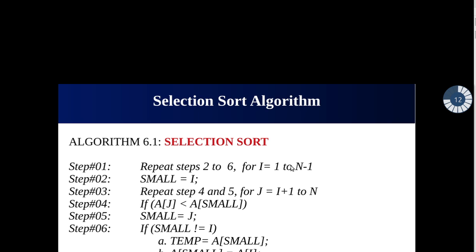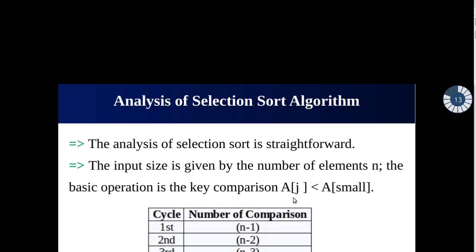You can see from step number 1 of the pseudocode: for i equal to 1 to n minus 1, which means the total number of passes that we have to perform to sort the data is n minus 1, one less than the size of the array. So in the first pass, we have to perform n minus 1 comparisons.